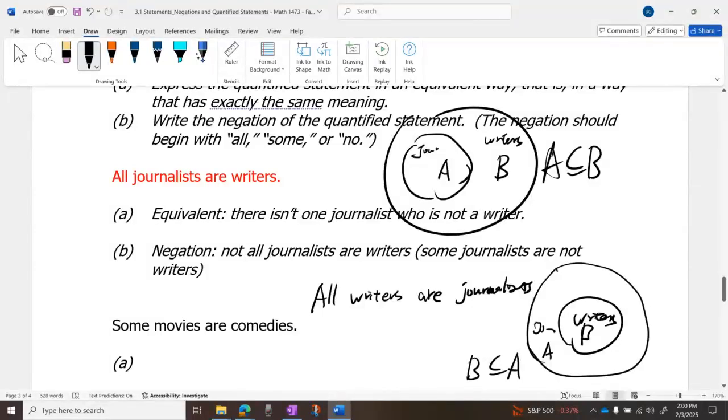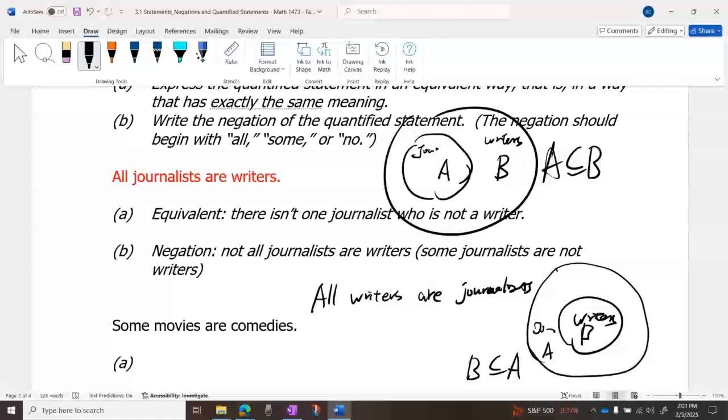They are not equivalent at all, and they are not negations of each other either. They're just two different statements. It's just like all women are human beings.